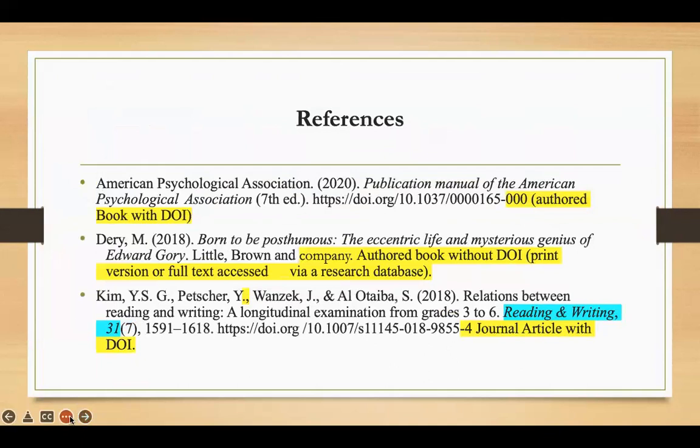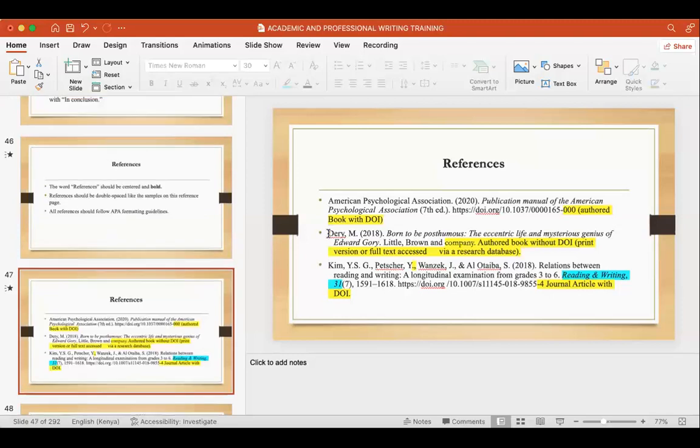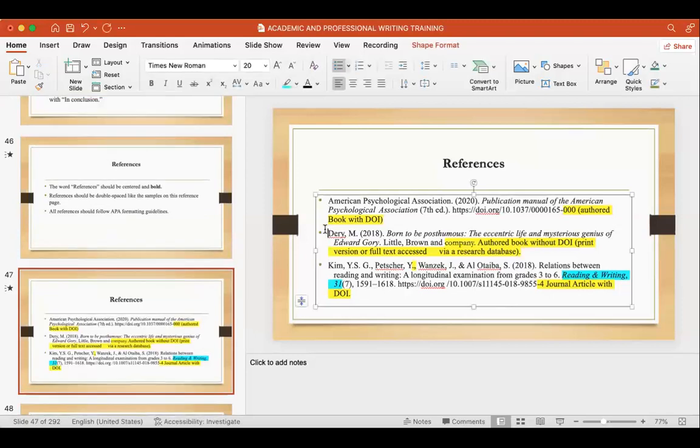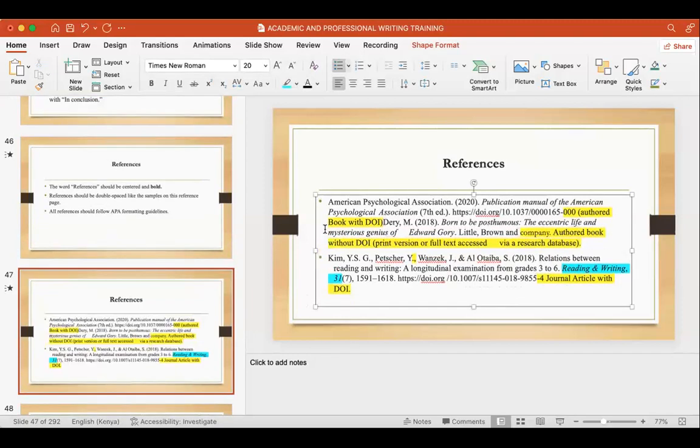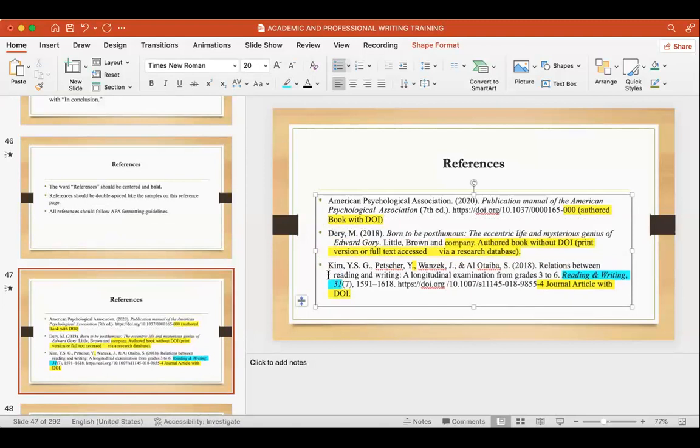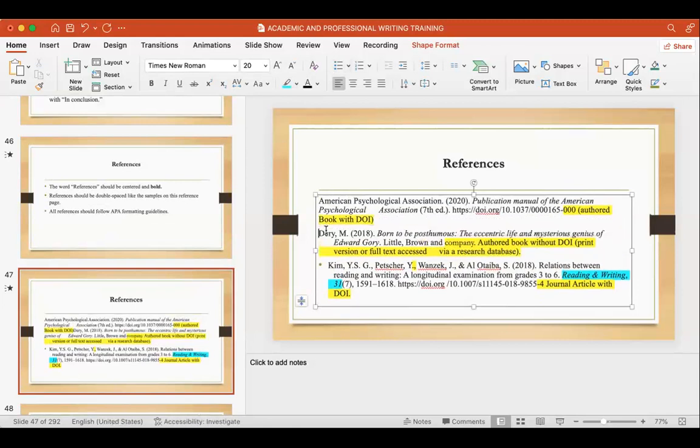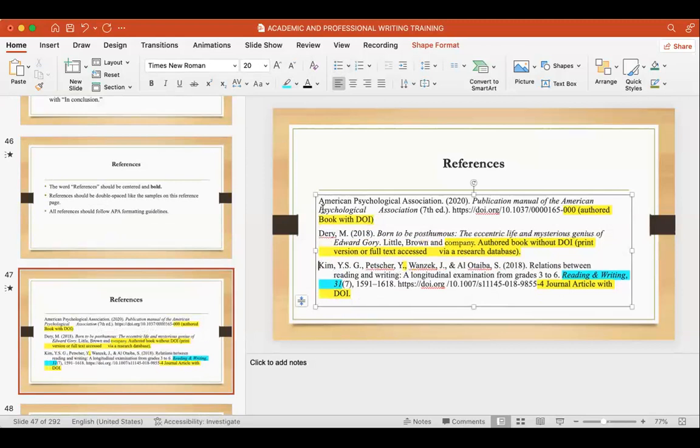So let me give an example here. If I was doing this as references, I will need to remove this here. I will format it clearly, remove this, because these are references.